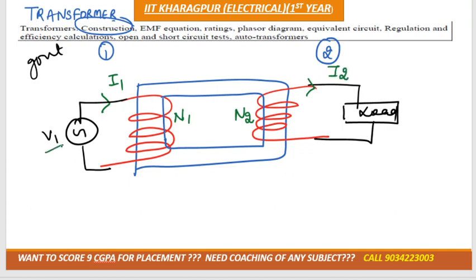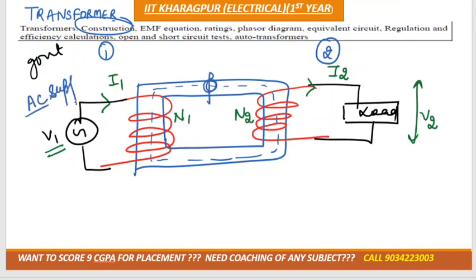This one is V1, this one is V2. Understood? Now tell me, any doubt up to here? This is the AC supply.